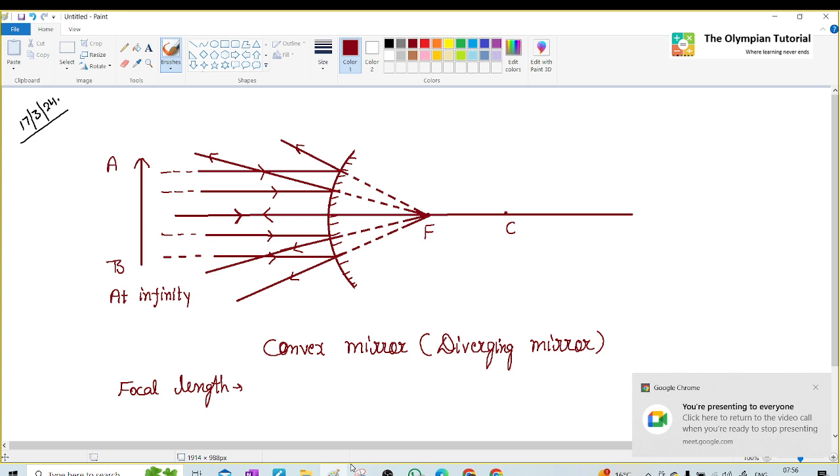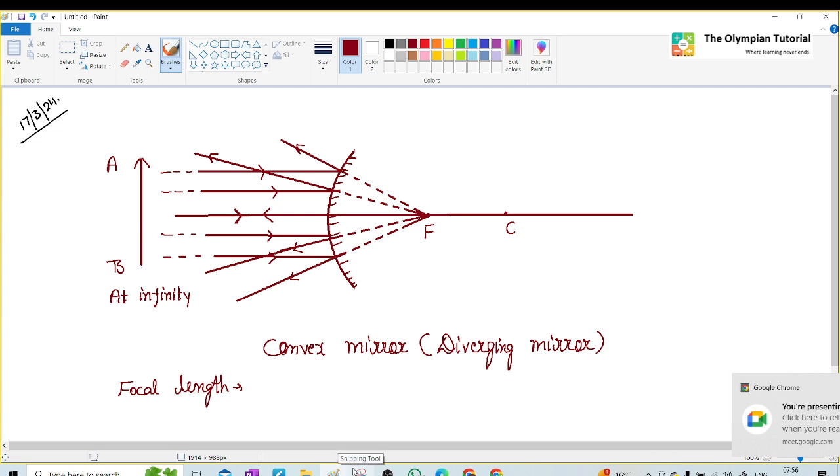The length between the pole and the focus point, that is PF, is the focal length.